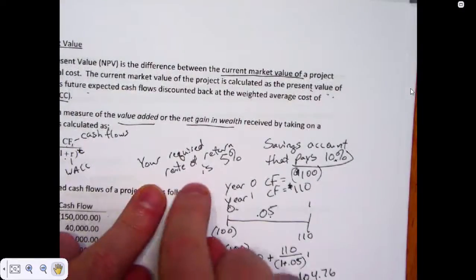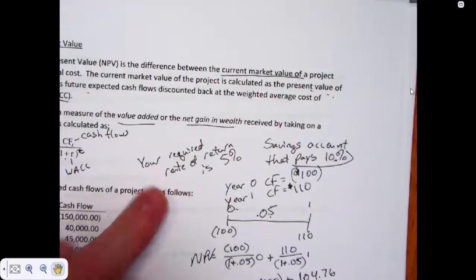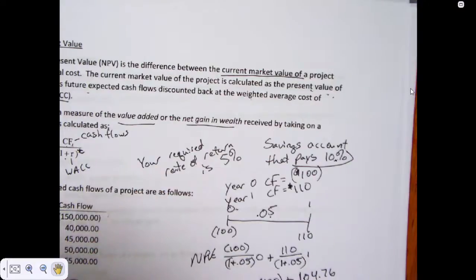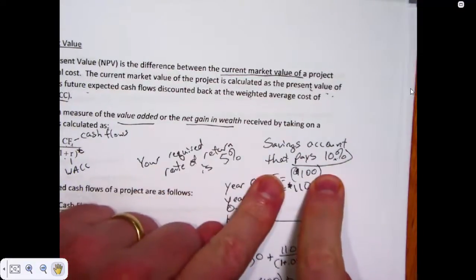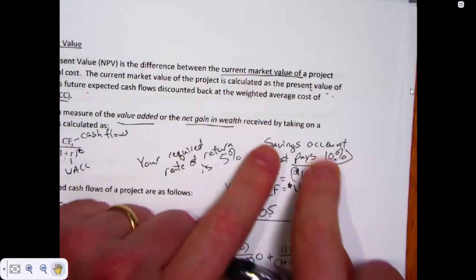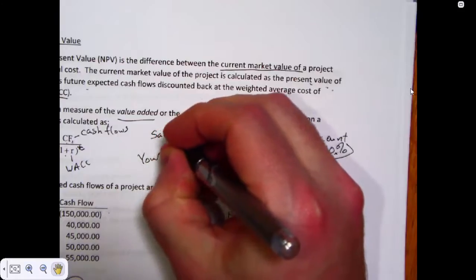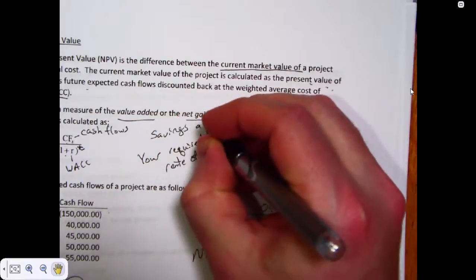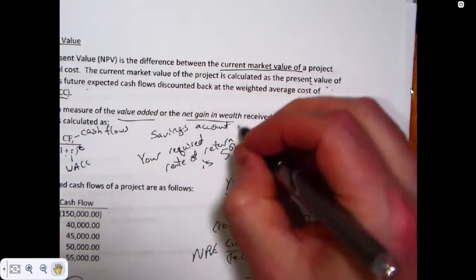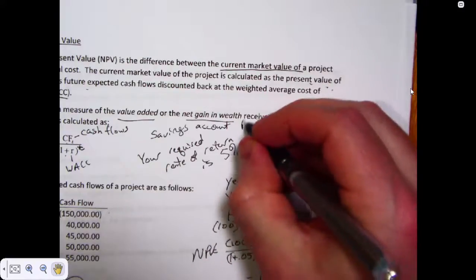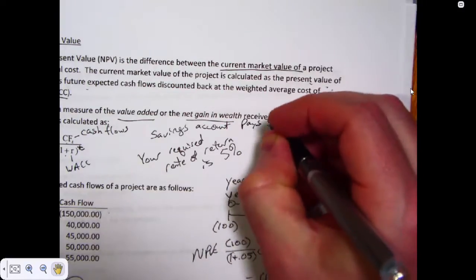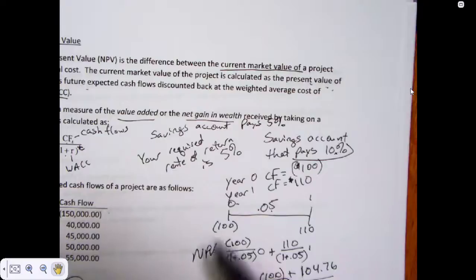Let's go back to our original example. Your required rate of return to invest your money into a savings account is 5%. We said the savings account pays 5%, so your required rate of return is 5%.